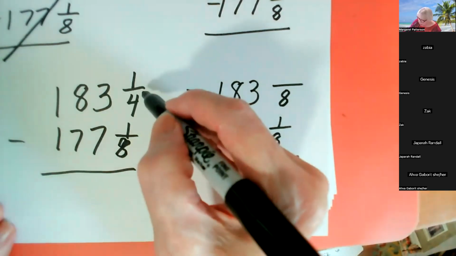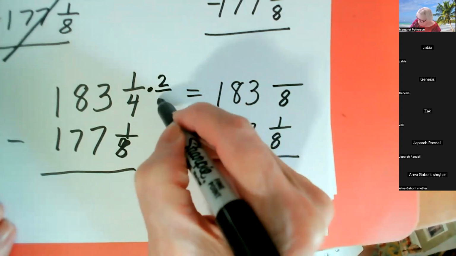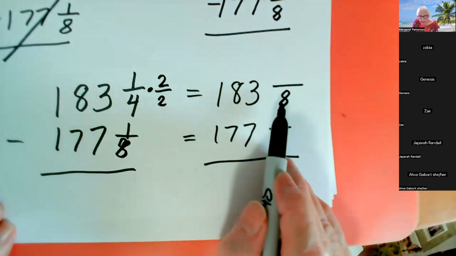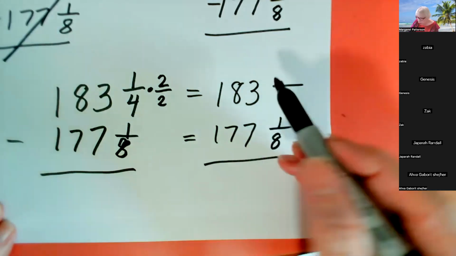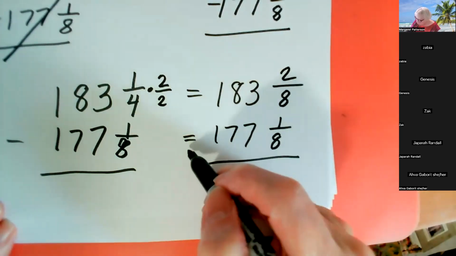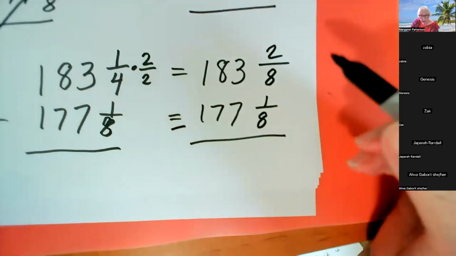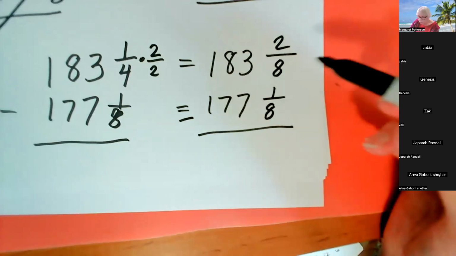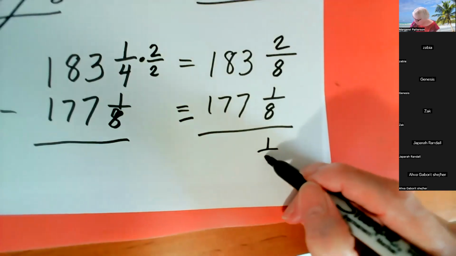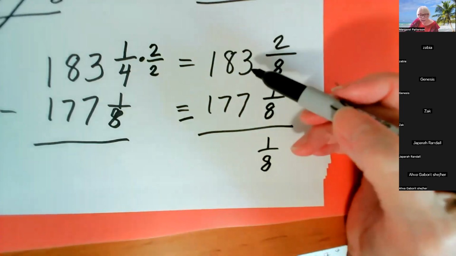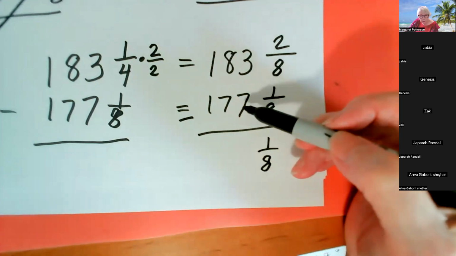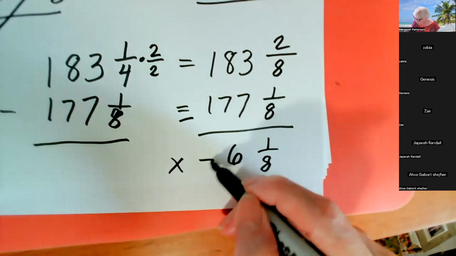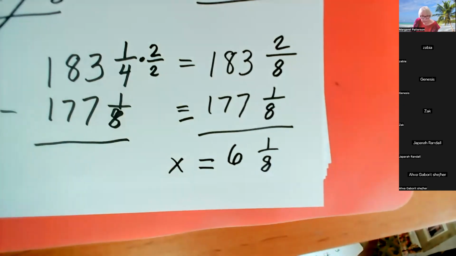But this one right here, and this is review for fractions, which doesn't hurt us one bit. 4 times 2 is 8. 1 times 2 is 2. So this problem needs to be subtracted. So the fractions 2/8 minus 1/8 would be 1/8. And 183 take away 177, that's 6. So that's your answer.